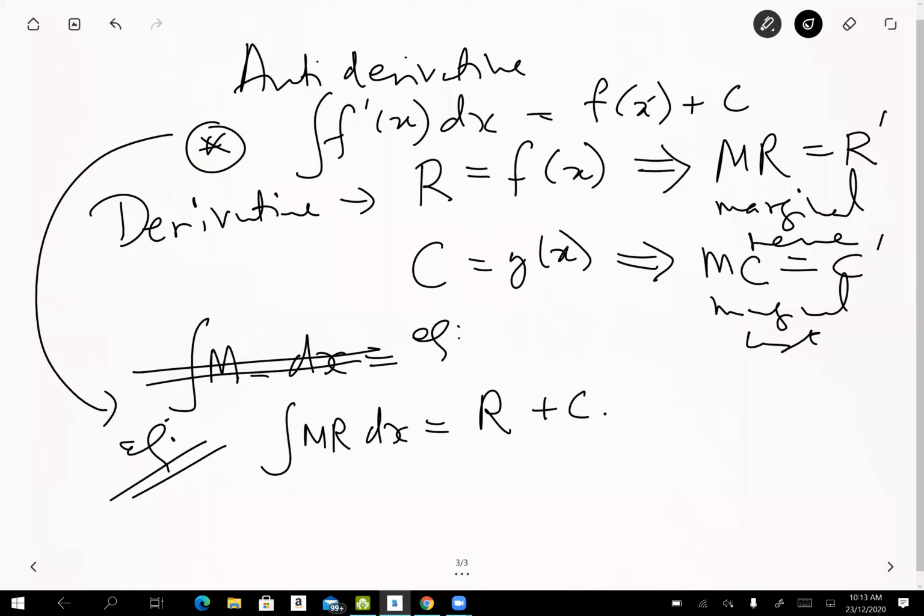If you look at example number 7, you will see that the marginal revenue is given as 300 minus 0.2x.